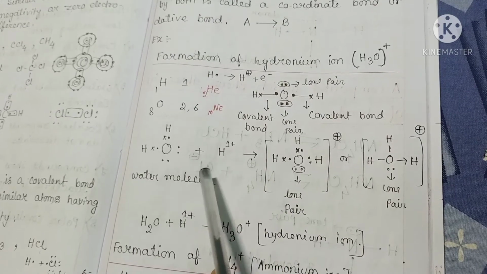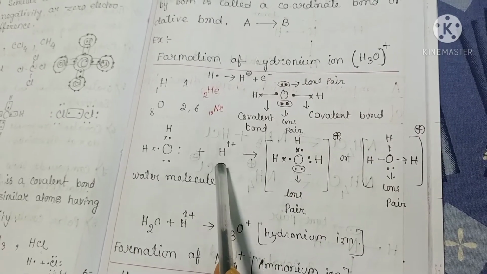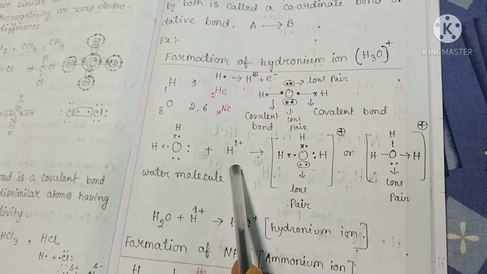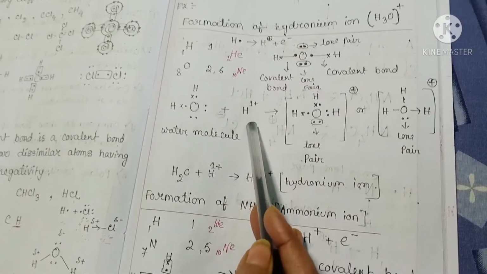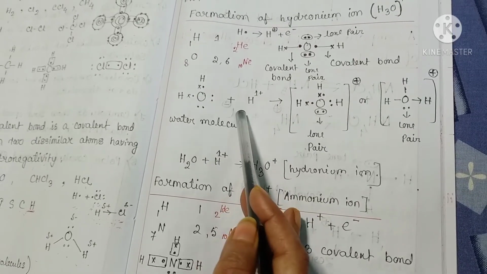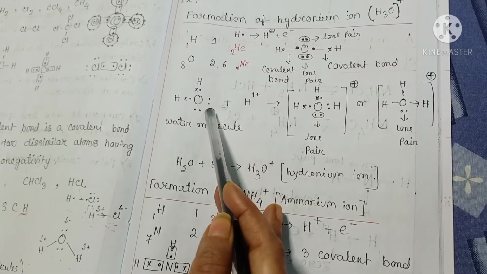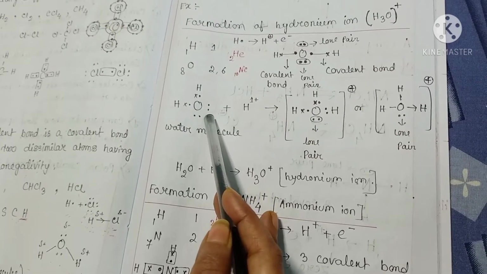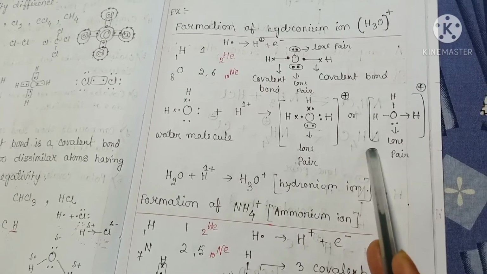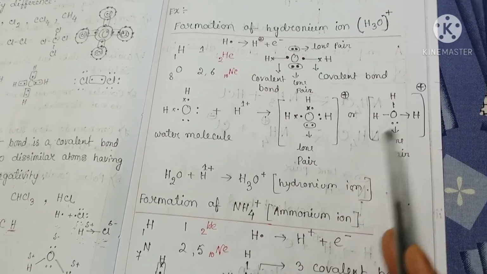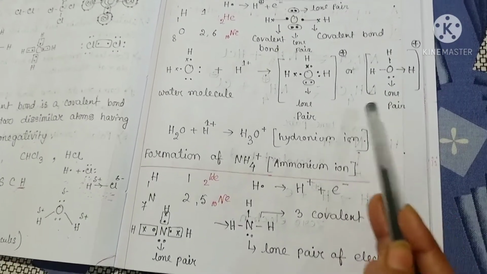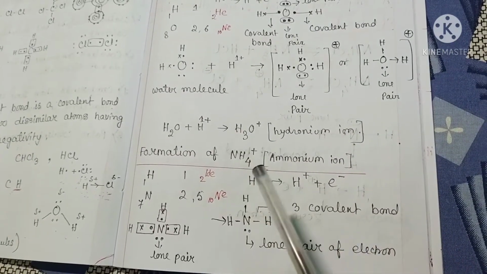Now, in the case of the hydronium ion, when hydrogen loses its electron, it forms H plus ion, which has no electron and cannot exist alone. So the hydrogen ion accepts a lone pair of electrons of the oxygen atom of the water molecule, leading to the formation of the hydronium ion. So the hydronium ion has a lone pair, two single covalent bonds and a coordinate bond. This is the hydronium ion.